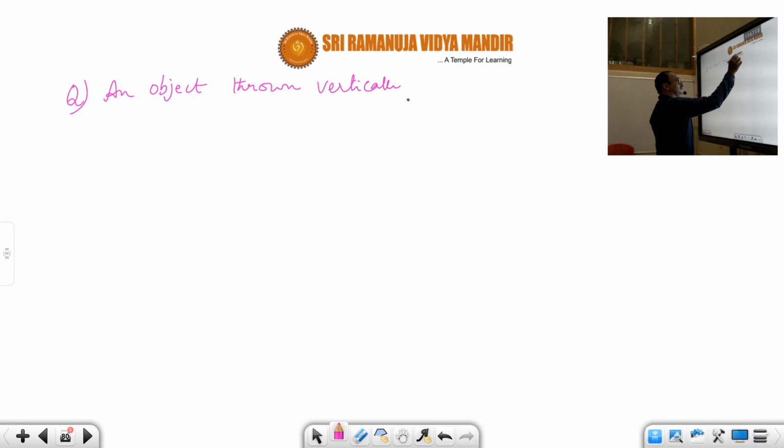We have to find the velocity at 3/4 of the maximum height.